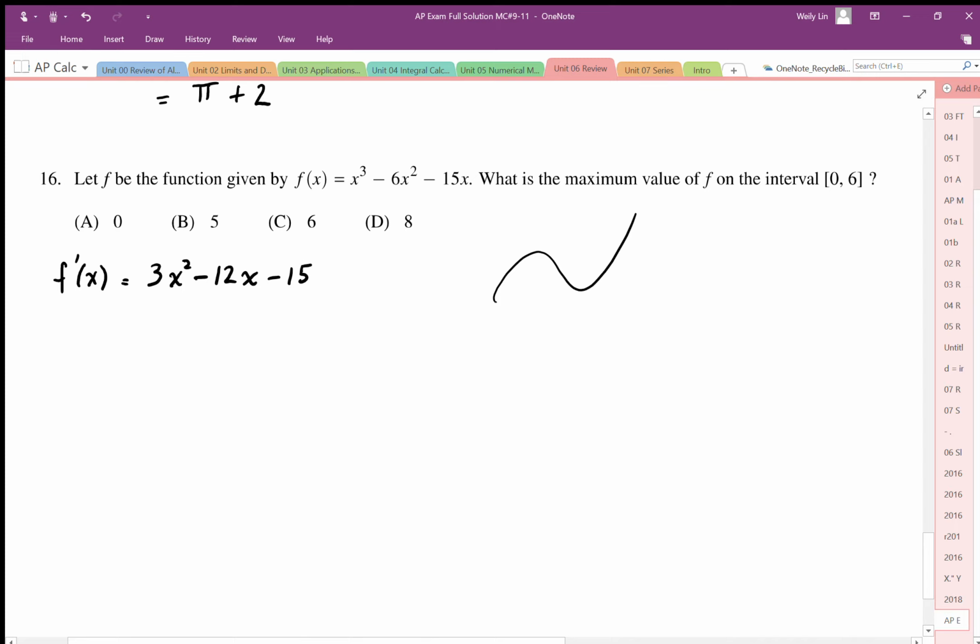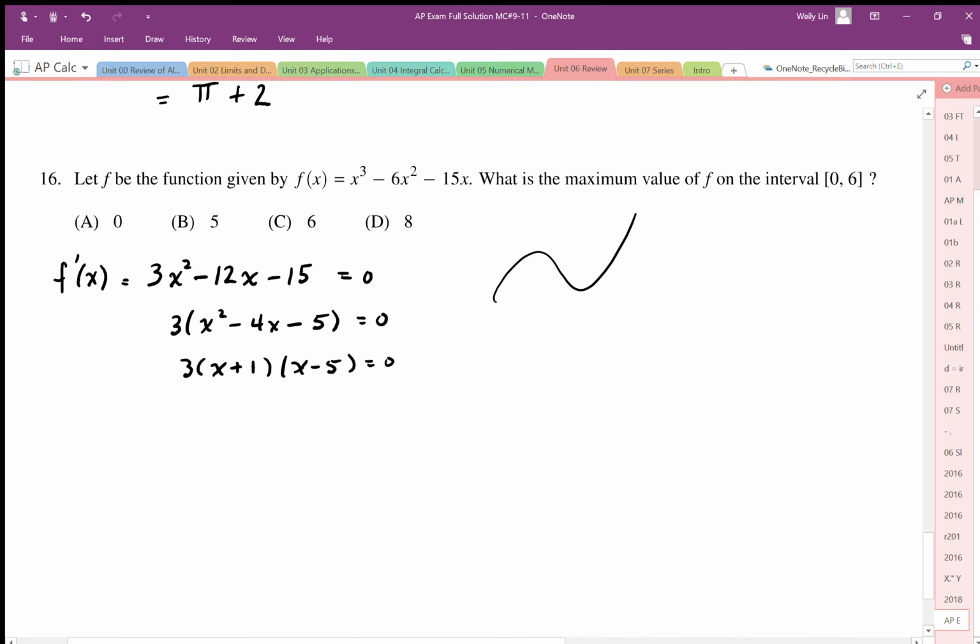And we want to test for maximums. Maximums can occur when the derivative is equal to 0. So we're going to solve this equation equal to 0. We'll factor this. So this factors, and we get 3 times x plus 1 times x minus 5 equals 0.